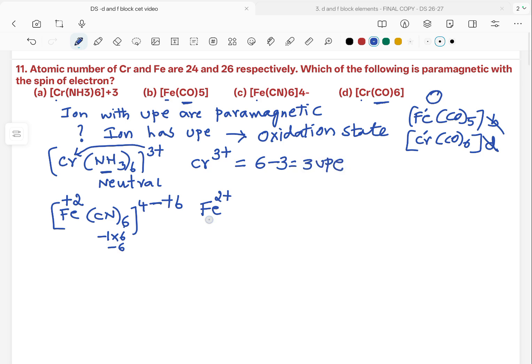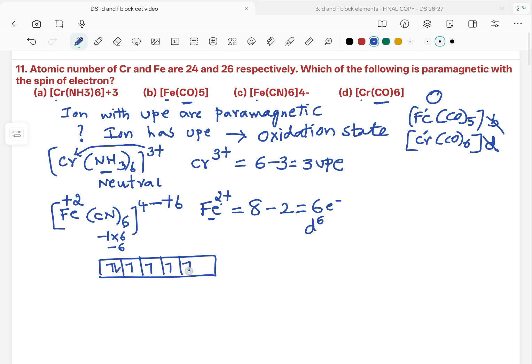When we talk about iron Fe2 plus, ferrous ion, cyanide being a strong ligand, it will pair up the unpaired electrons. Look at this. It has valence electrons 8 and lost 2 electrons. It ends with 6 electrons. That is D6 configuration. Those 6 electrons are arranged this way according to Hund's rule.